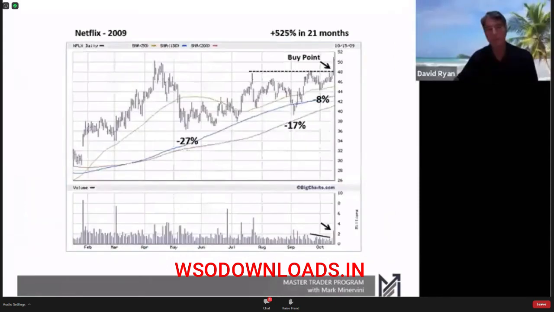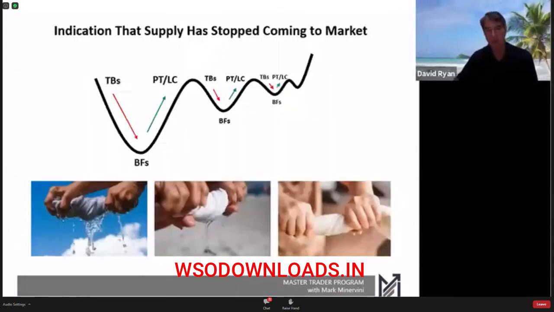Mark, one other point on this, why this pattern is so important, is that it gives the stock time to rest. When a stock comes straight off the bottom and almost goes to new highs, there's usually going to be profit taking. I've seen so many stocks that fail if they come straight off the bottom and into new high ground. To me, it's almost like a runner.